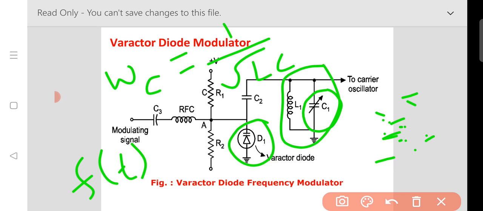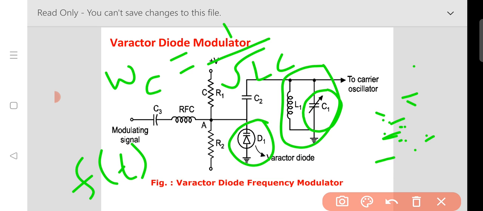Here our tuned circuit is L and C. Before applying the actual modulating signal, there must be a capacitor in between. That capacitor is called a variable capacitor, also called a varactor, which is why we call it a varactor diode.